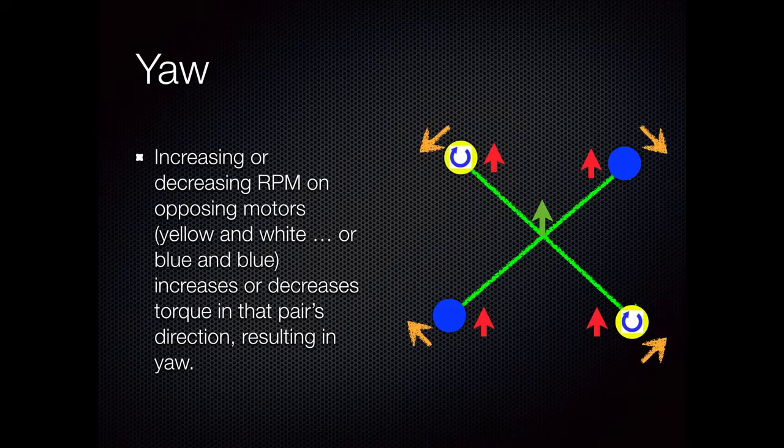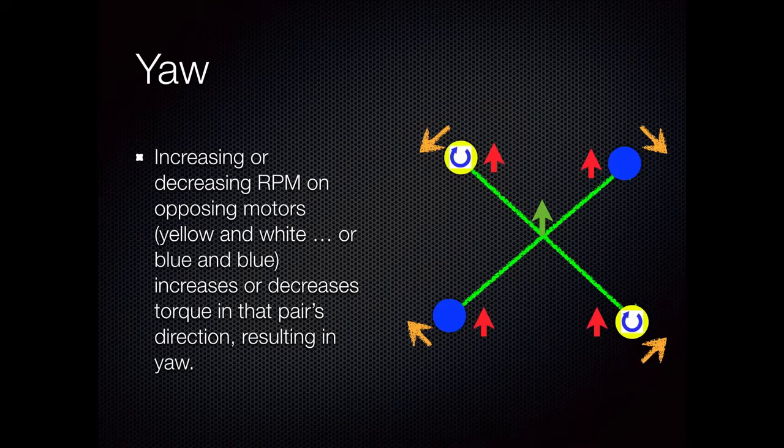In this case, for the illustration, we want to yaw to the left, or point the nose to the left. What we need to do is increase the torque on the, I don't know if they're yellow or white, motors at the ends of the stick there, which would cause the yellow torque error to increase.